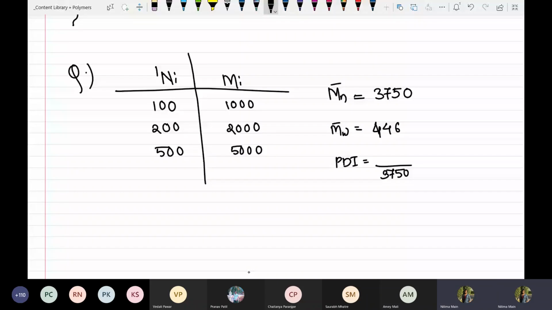So average molecular weight with respect to number is 5350. चलो, weight average बताओ.